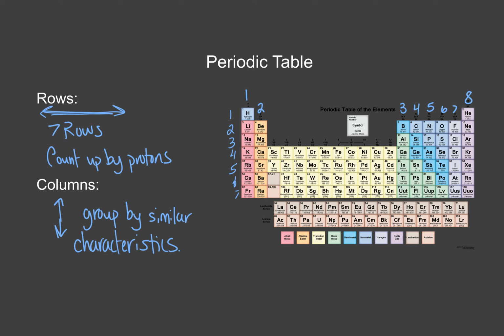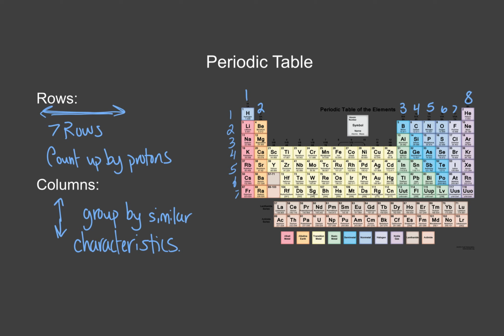Column 2, beryllium, magnesium, calcium, strontium, these all have similar characteristics. Same with column 3, starting with boron, aluminum, gallium, those all have similar characteristics. Column 4 has similar characteristics. Column 7, all of these columns, whether you go down, every atom in that column has similar characteristics to one another. The different columns, however, have very different characteristics from one another.